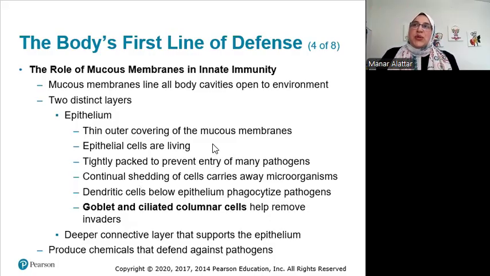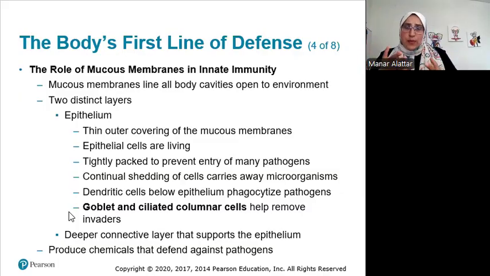Interestingly, mucus is produced by cells called goblet cells, and in certain areas in our body, it's moved around by what are called ciliated epithelium. Epithelium being skin cells, ciliated meaning having little cilia, little tails or hairs.